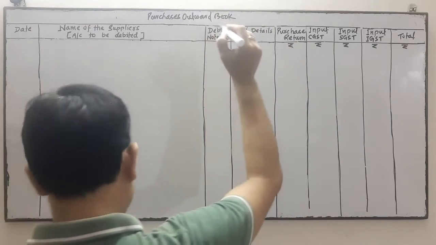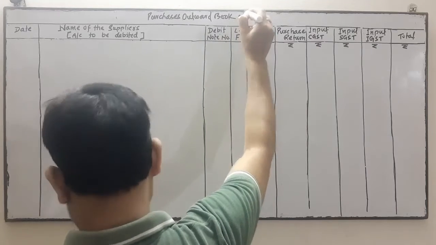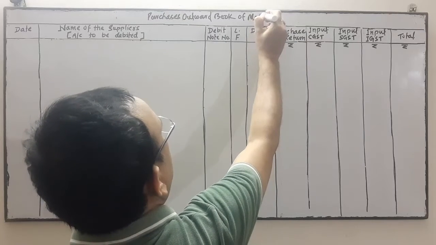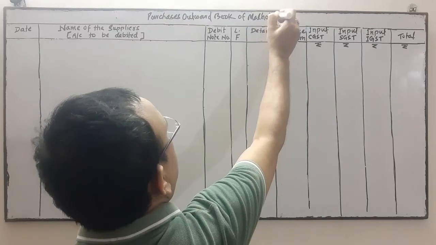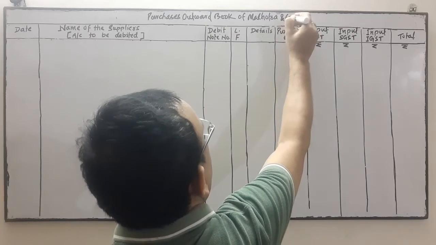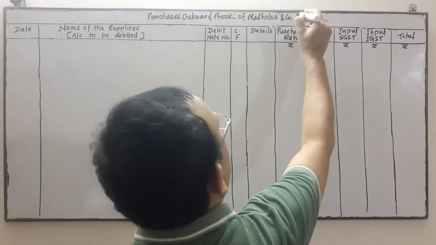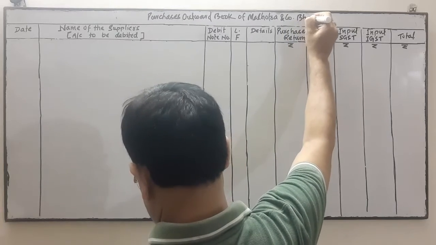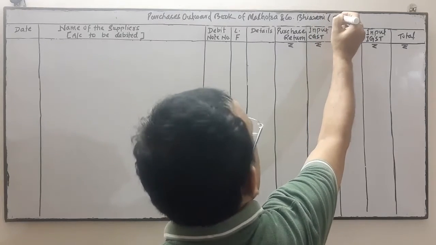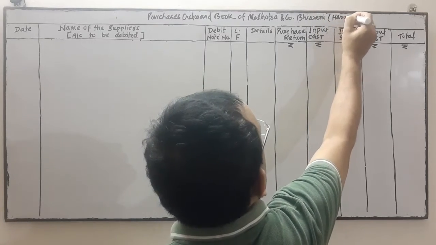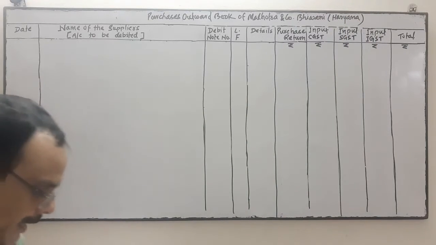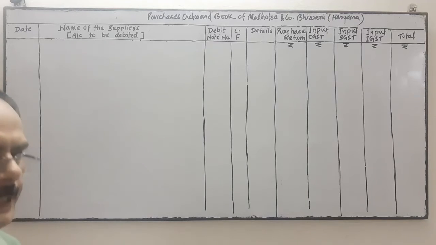This is the outward book of Malhotra and Company, Bhiwani, Haryana.